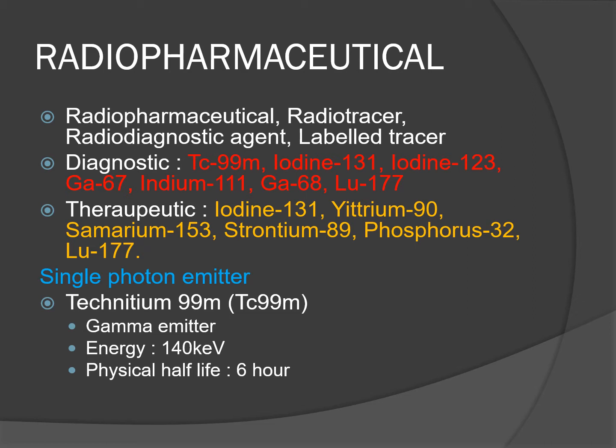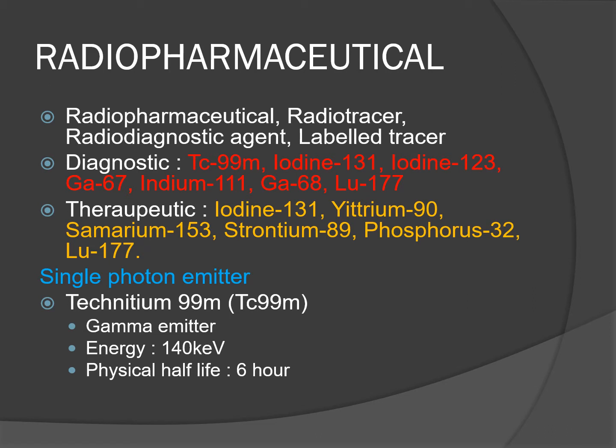Half-life is important to make sure that the activity in the body is reduced accordingly. Meaning that when we know the physical half-life is 6 hours, when we give the patient 10 millicurie of activity, it will decay, and after 6 hours it becomes 5 millicurie.